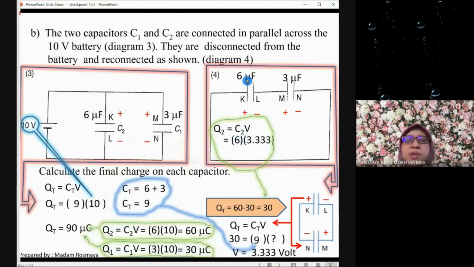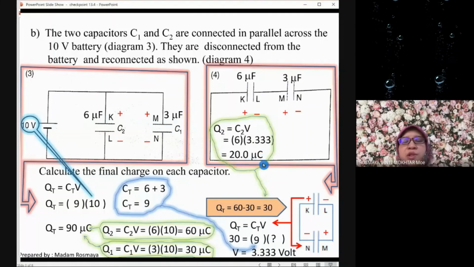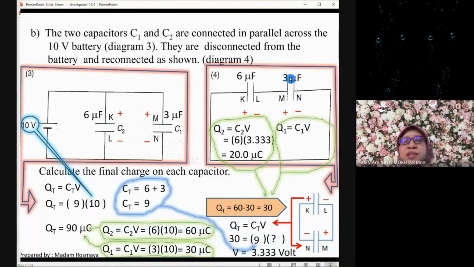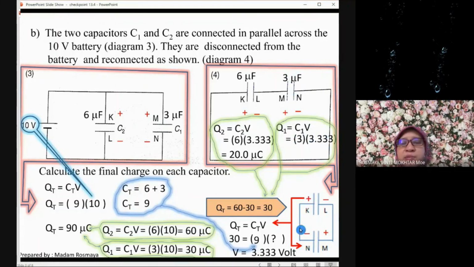So C2 is 6 microfarad and V is 3.333 volt, so you get 20.0 microcoulomb. And then for capacitor 1, C1 is 3 and V is still the same, because it is arranged in parallel. So the charge on this capacitor is 10.0 microcoulomb.